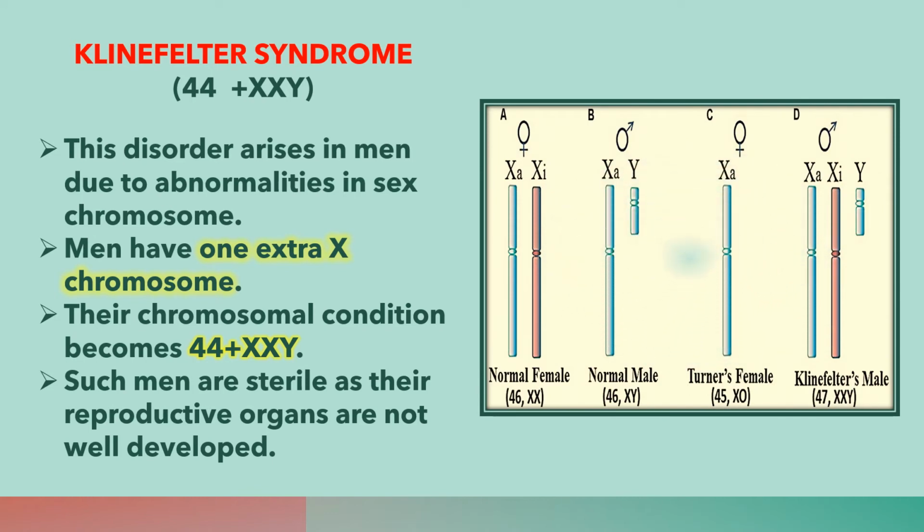Now, if you look at these figures here, the normal female has 46, X and X. Normal male 46, and they have X and Y. Now the female having Turner syndrome will have only 45 because there will be 44 plus only one X, whereas the male who's suffering from Klinefelter syndrome will have 47. Okay, 44 normal plus 2X and 1Y.